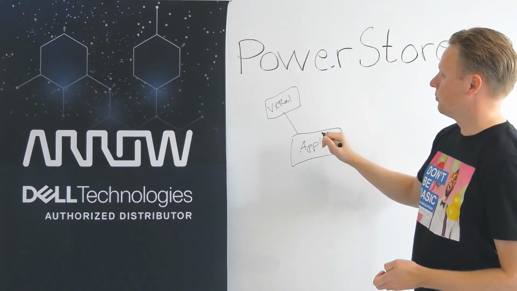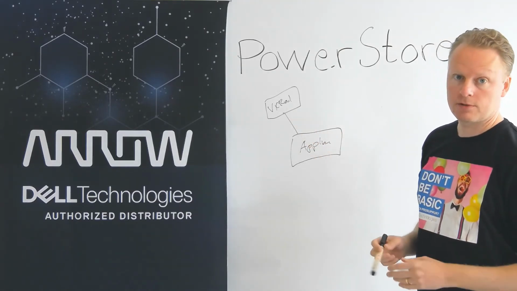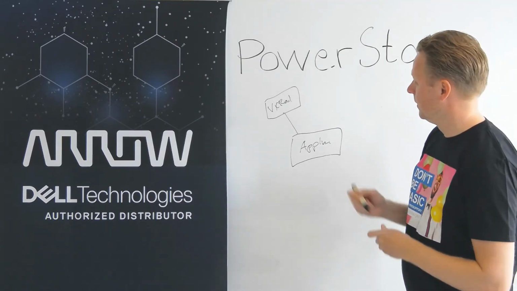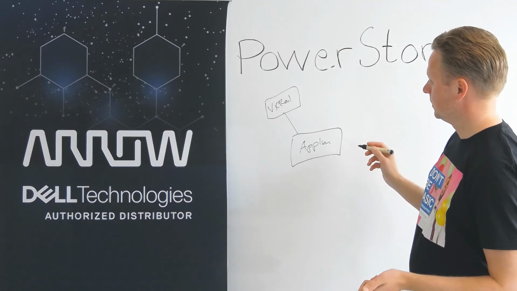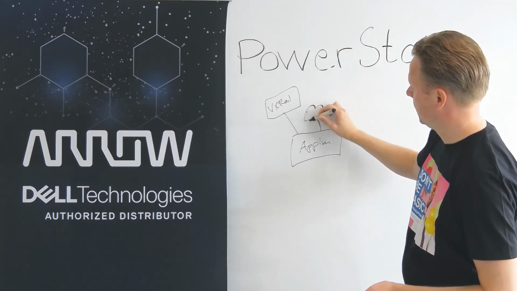You're also able to provide them with file services, for example, file services for users, for servers, applications. If you use the X model, you're also able to provide compute.